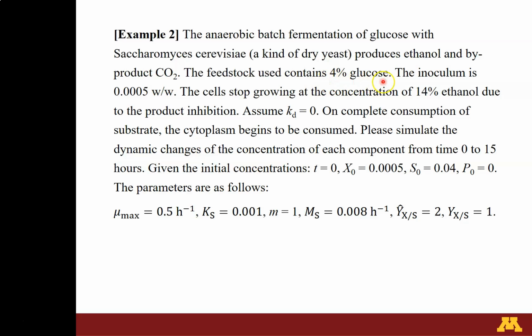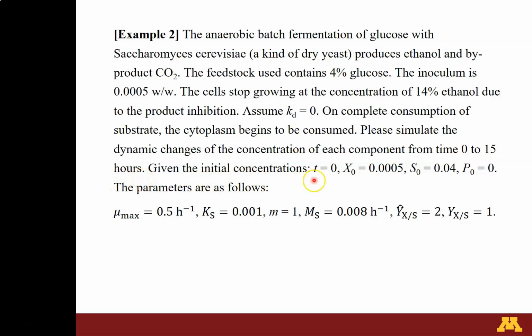This is the initial concentration of the feedstock, and this is the concentration of inoculum. The cells stop growing at the concentration of 14% ethanol due to the product inhibition. Please simulate the change of concentration of each component from time 0 to 15 hours.